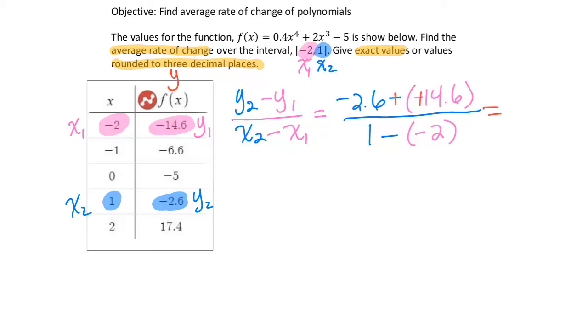And you do the same thing for the denominator. Keep this positive. Change this one. Change this one. Keep, change, change. So we're doing negative 2.6 plus 14.6. That should give you 12, I believe. Double check my math.